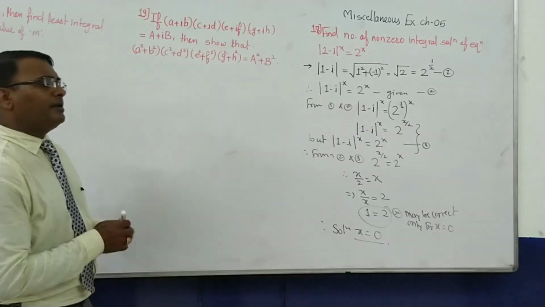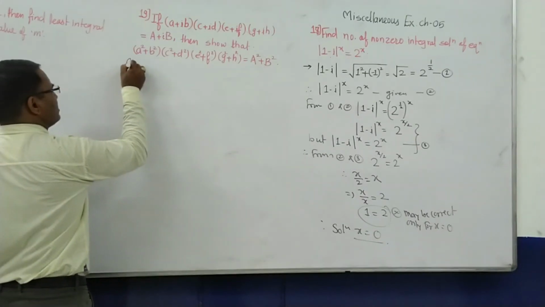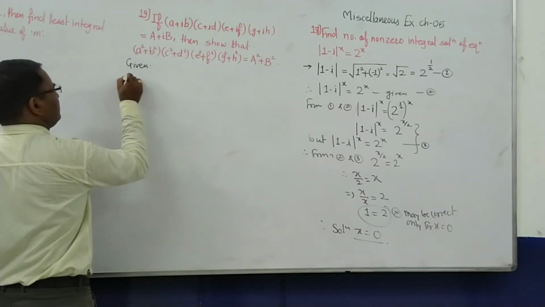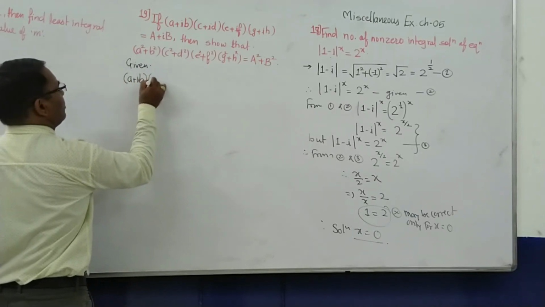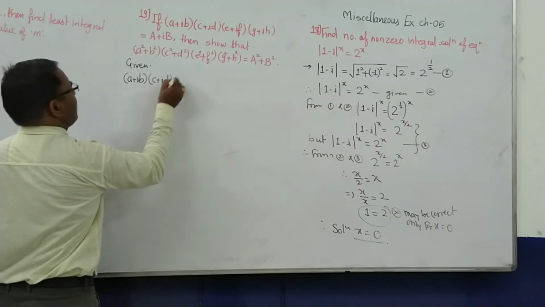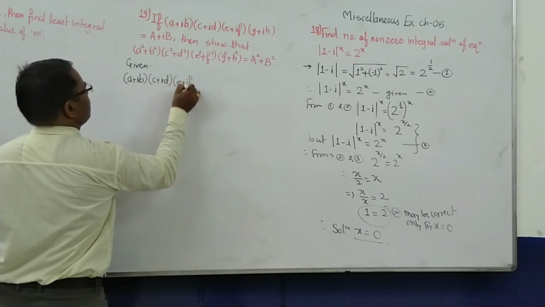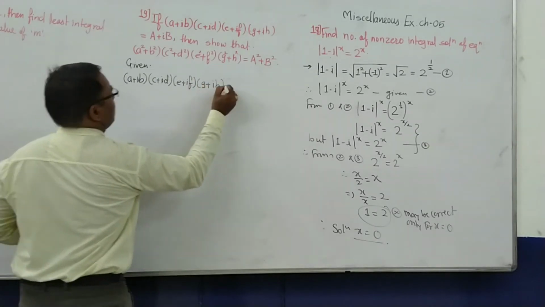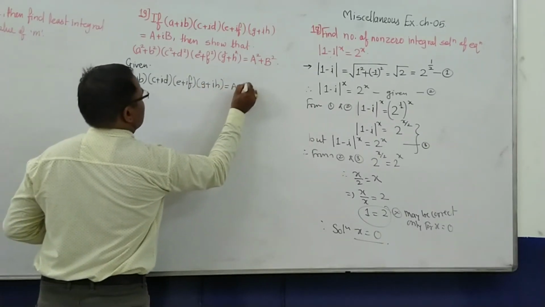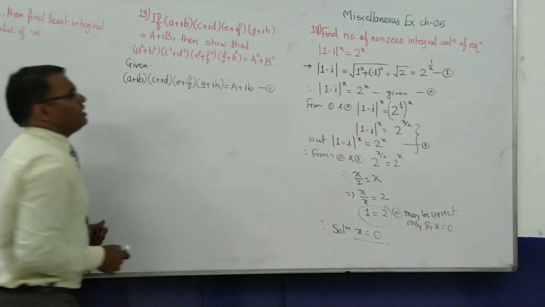Looks somewhat difficult, but no, it is easy. So what is given? (a plus ib)(c plus id)(e plus if)(g plus ih) is equal to a plus ib. This is equation number 1.